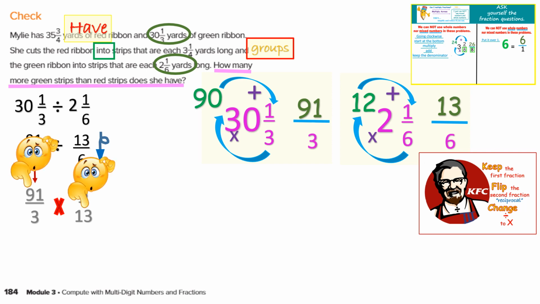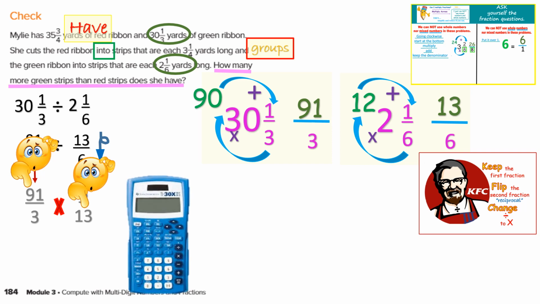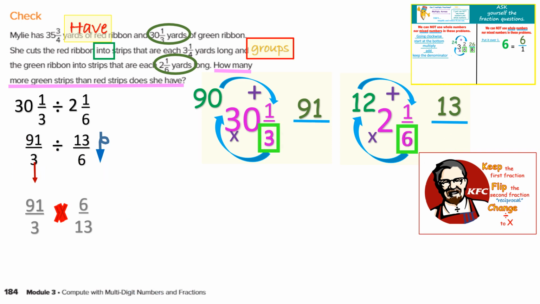Well, once again, if I don't know if 13 will go into 91 or not, I simply pick up my handy dandy calculator and I check. I take 91 divided by 13 and see if it goes in an even number of times. And it does. So I'm going to cross reduce both of them by 13. 13 goes into 91 as we just saw 7 times, and 13 goes into 13 one time.